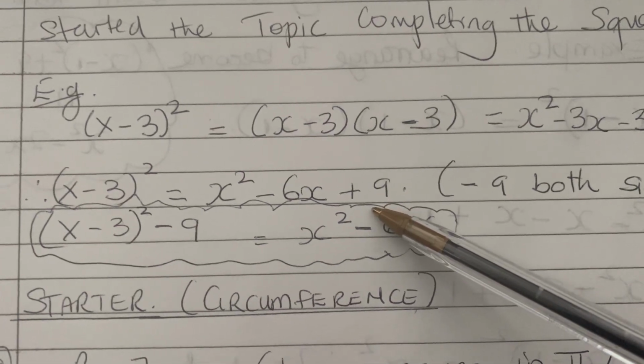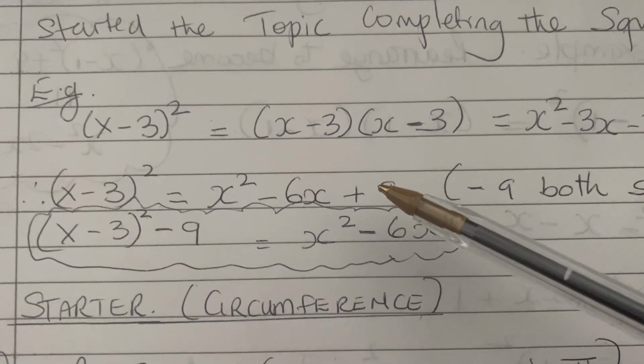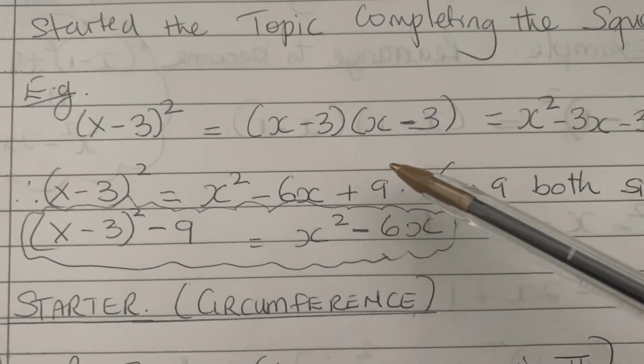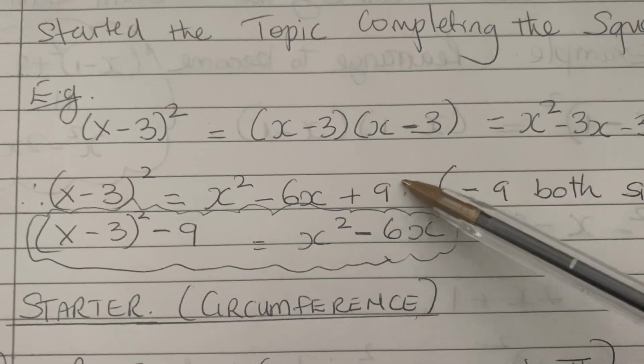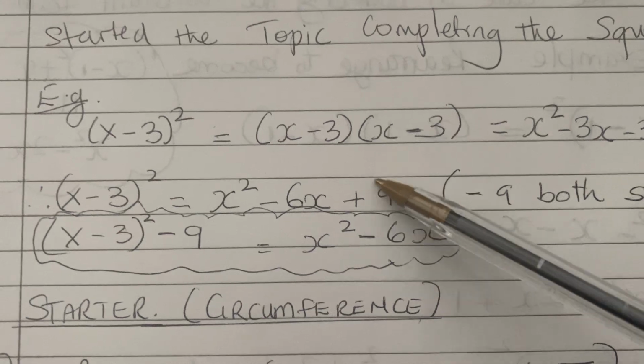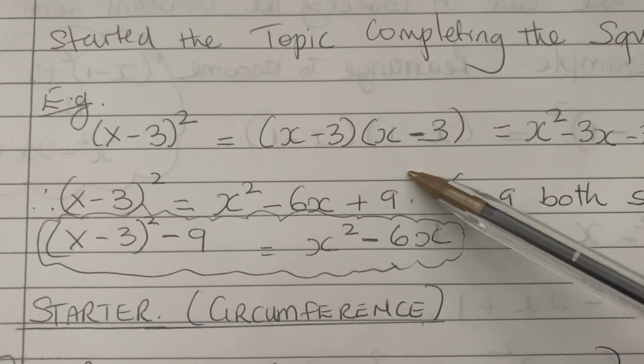Now, if you want to complete the square, to get perfect squares, you want to get rid of this 9, because this 9 is 3 squared.